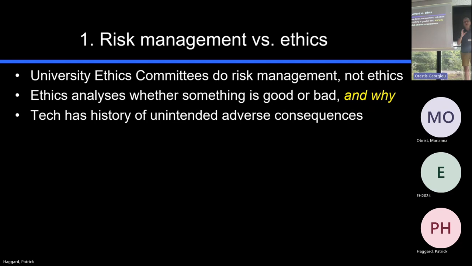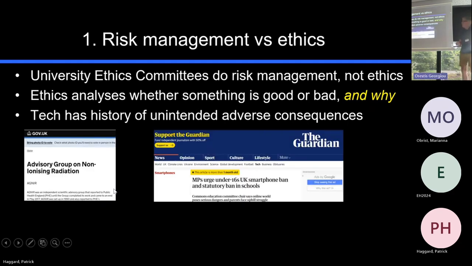Now, I don't need to tell you that technology has a history of lots of unintended adverse consequences. We don't know what the consequences of future tech developments are going to be, but it's useful to think about it. I'll just give you a little example. The first ethics-type committee that I ever did was a UK government advisory group on non-ionizing radiation.